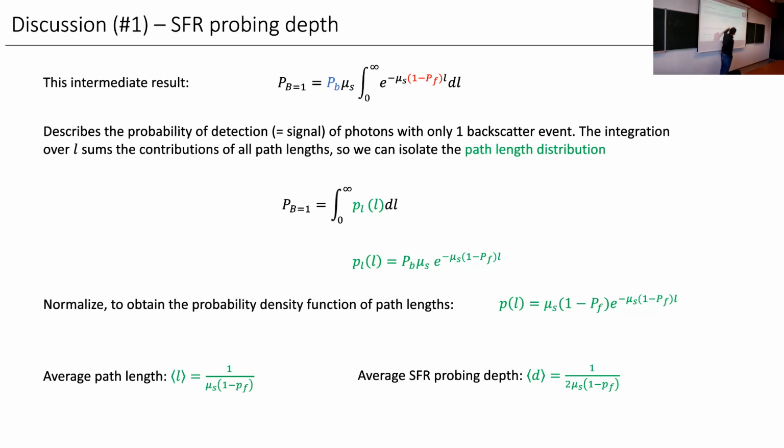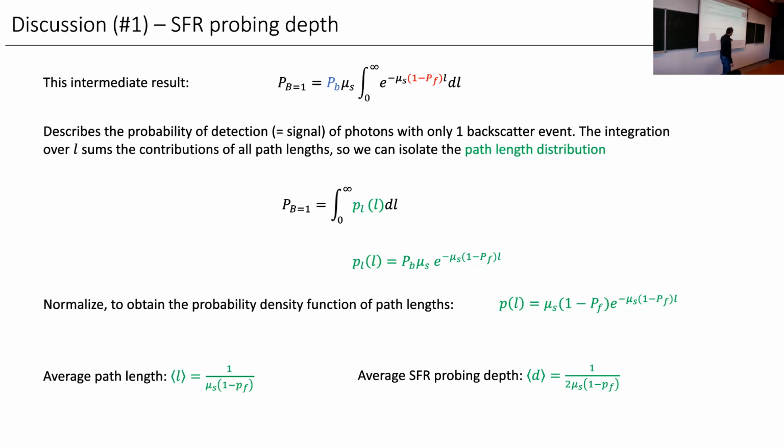We have to normalize it to make it a true probability distribution, so there is a prefactor here. Then we could, for example, calculate the average path length of these photons: 1 over μs times PF. The average probing depth would be half of it, because this is the average path length. That gives you an idea of how deep this technique can look.